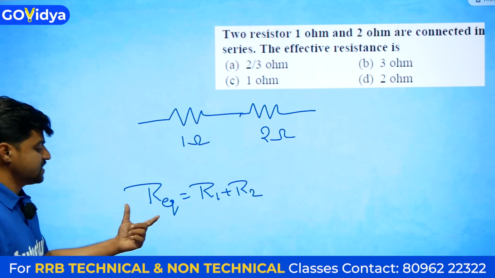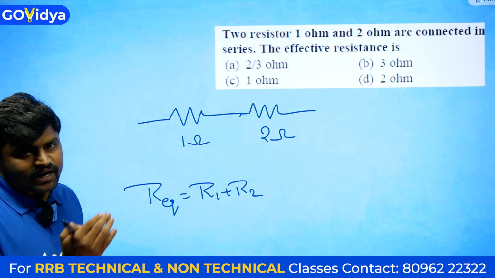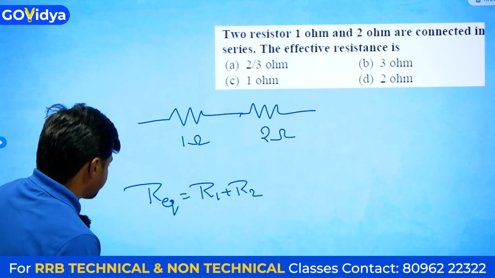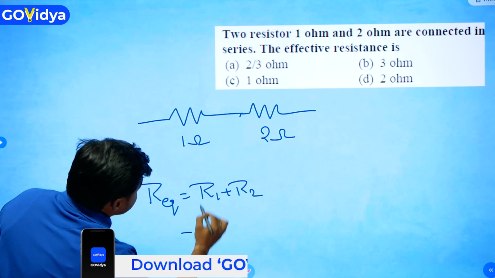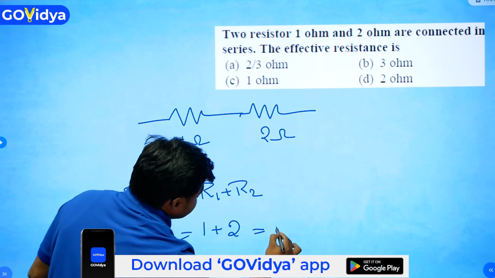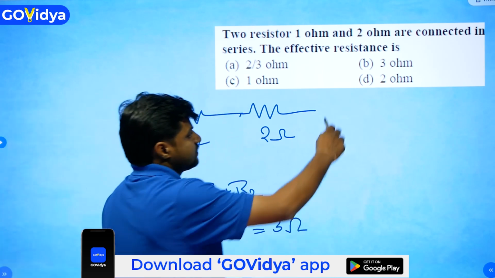When they are in series, R equivalent is equal to R1 plus R2. When they are in parallel, 1 by R equivalent is equal to 1 by R1 plus 1 by R2. In series, 1 plus 2 is 3 ohms. From the options, option B is the correct answer.